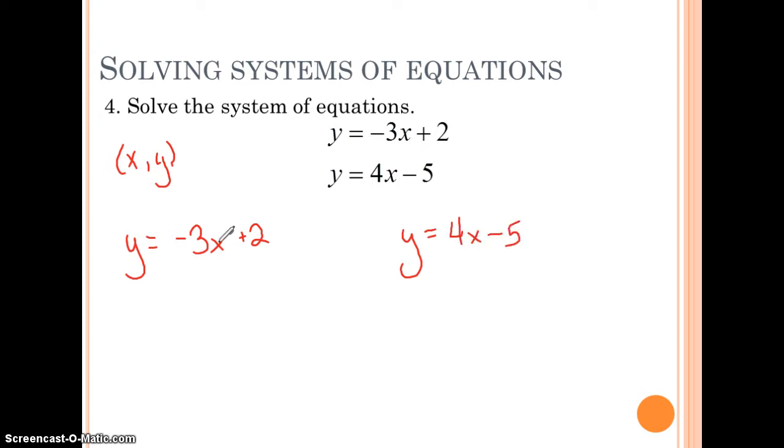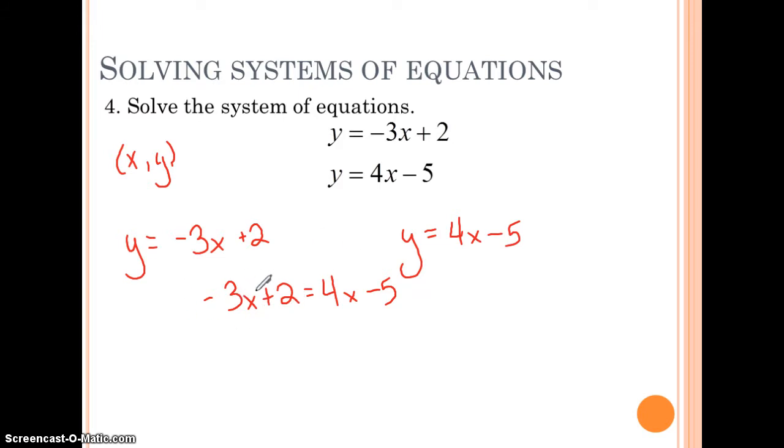Now, if y equals this and y also equals that, that means negative 3x plus 2 must also equal 4x minus 5. See what I did? Since we both have the same thing, that means these must be equal to the same thing also. So now we can go from what we did a couple chapters ago. First, we want to move our like terms to the same side.